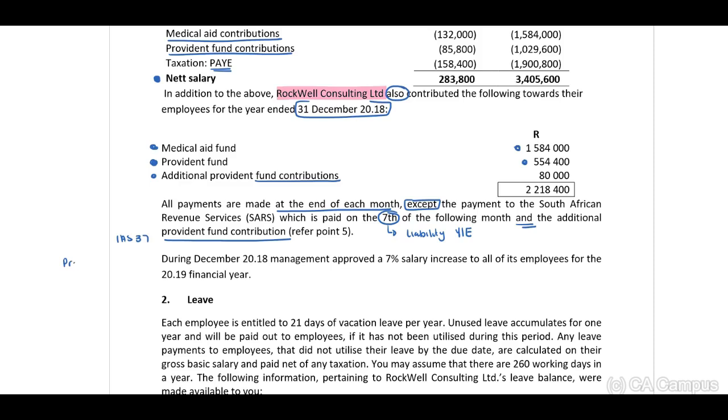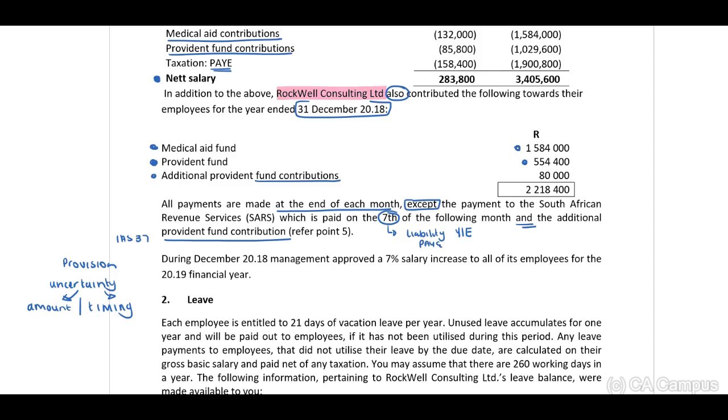Remember, when you think about a provision, this will be an uncertainty in terms of either the amount that will be paid or the timing in terms of when this will be paid. Now, when we look at this, guys, we know that the pay as you earn, we know the amount, we know the 7th, therefore an accrual.